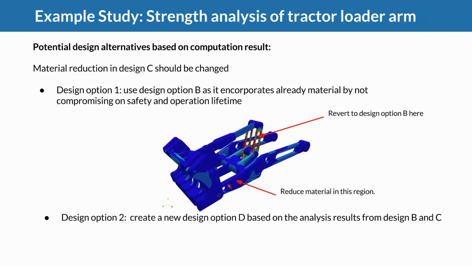Maybe also in this area near the bucket further reduce material. So we might want to check a design number D and have a next iteration to check on if we could improve the design significantly.